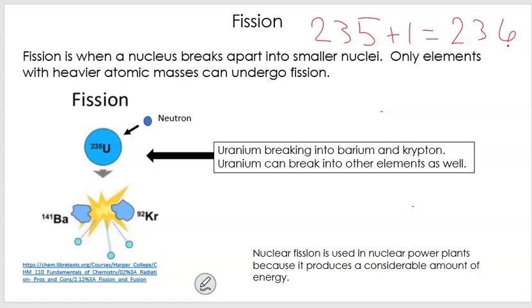Well, let's see what's produced. Barium with atomic mass units of 141, plus krypton with atomic mass units of 92, and note that I have 3 neutrons being produced. So does 141 plus 92 plus 3 equal 236?